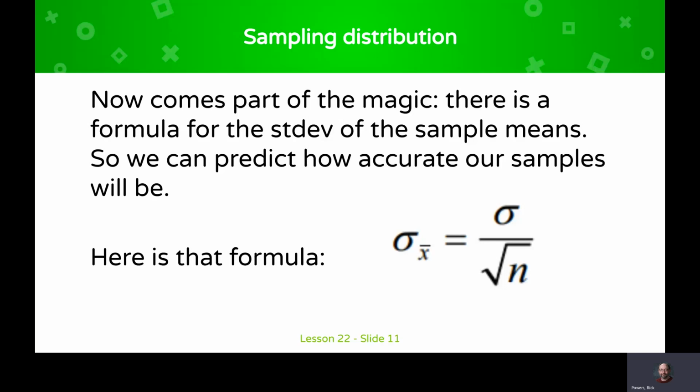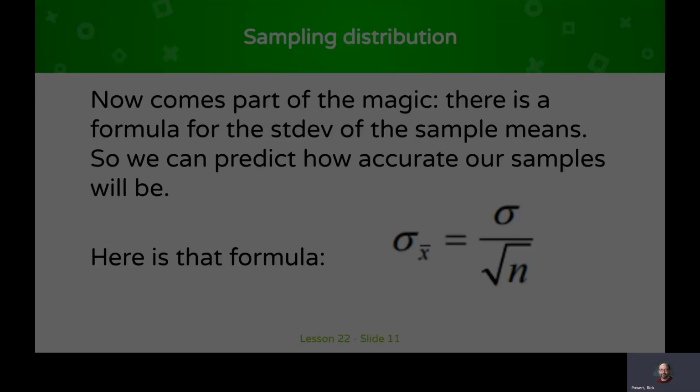Now comes part of the magic. There is a formula for the standard deviation of the sample means. So we can predict how accurate our samples will be. Here's that formula. Sigma sub X bar, or the standard deviation of the sample means, is equal to sigma, or the population standard deviation, divided by the square root of n, n being the sample size.